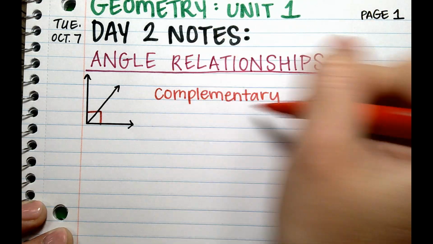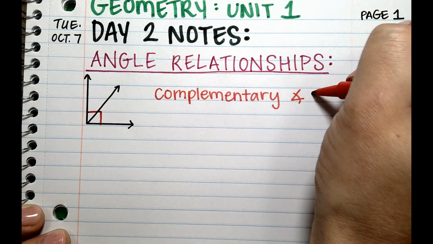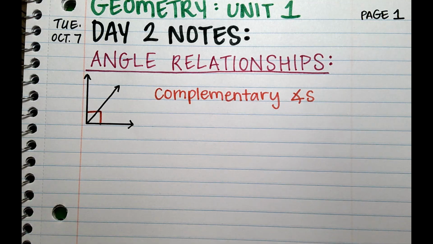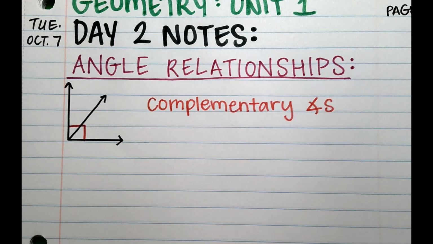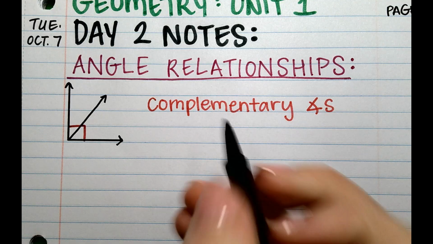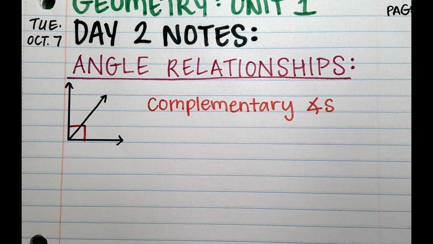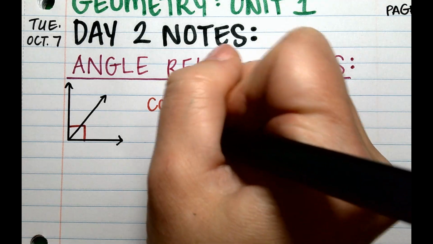Complementary angles. And that's just angles that add up to 90 degrees.